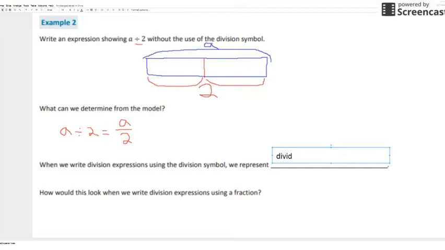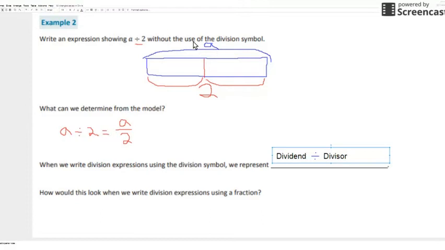I switched them when I was talking about it earlier. I do apologize. The dividend is what we're breaking up. I'm going to have to draw in the division symbol because we don't have one on the keyboard. What we're breaking up, divided by the divisor, what we're dividing it by.